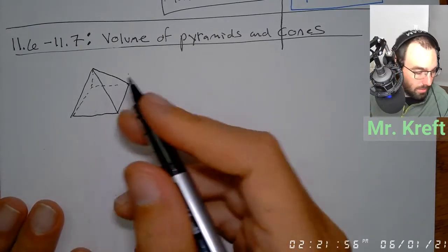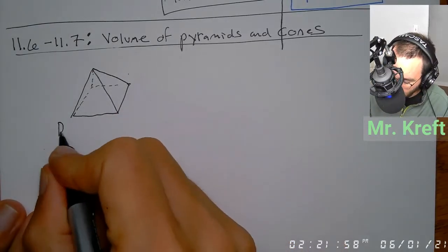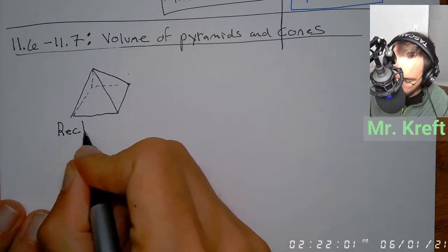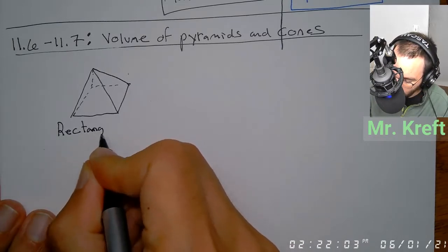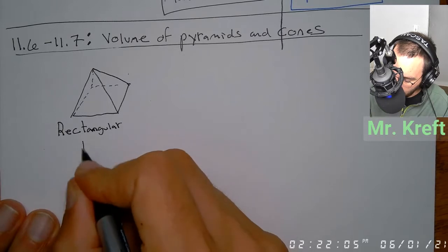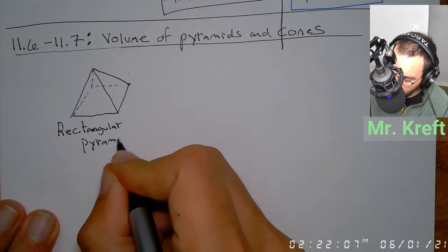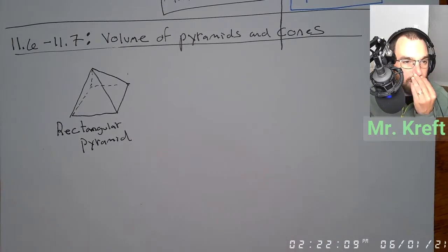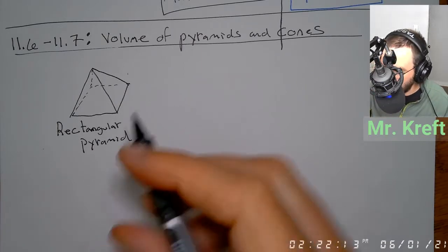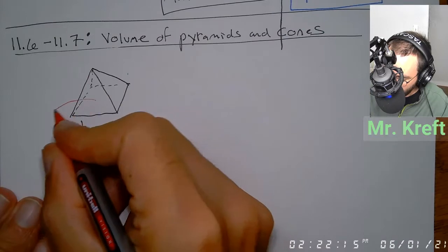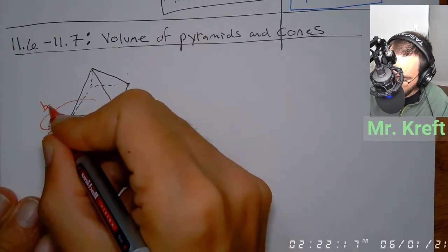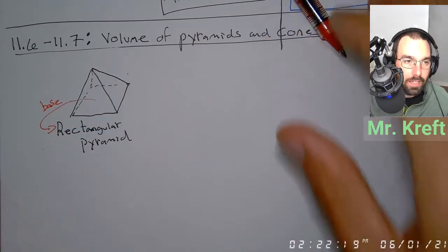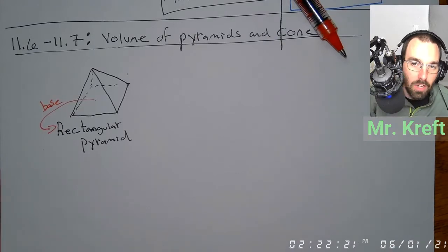Now, this type of pyramid is called a rectangular pyramid. Okay, and the reason why it's called a rectangular pyramid, if you can guess, is that the base is a rectangle. So you could take any polygon and make it into a pyramid.